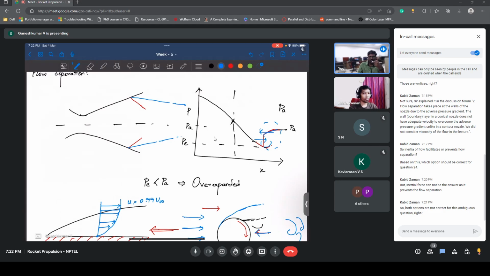Flow separation cannot happen due to the inertia forces accelerating the flow, right? Okay, let me check in books. Just give me a minute.